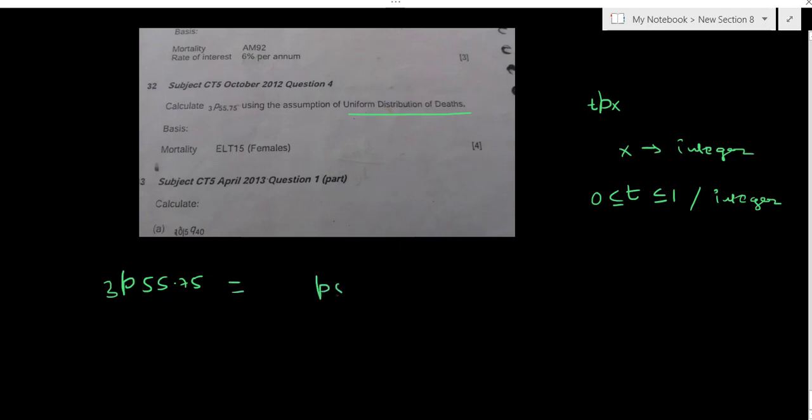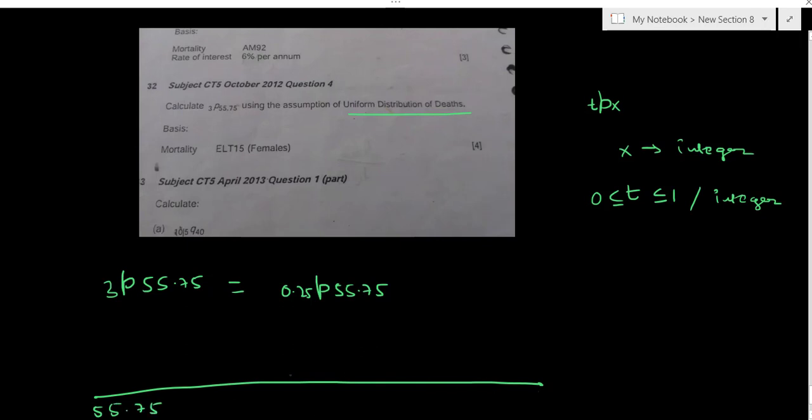I can write this as p55.75 with 0.25, right? So basically, let's draw a number line and clarify this. I have to go from 55.75 to 3 steps ahead, so 58.75.